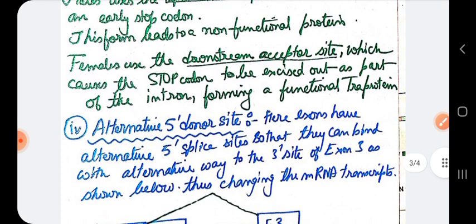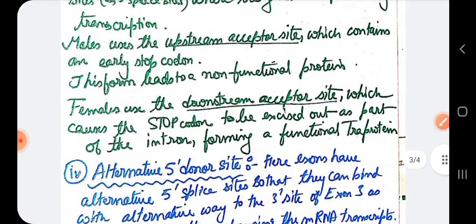I hope you have understood what I have said: males have that mRNA, females also have that mRNA, but males will not code for this TRA protein because they have many 3 prime splice sites, and one of the 3 prime splice sites, which is present in the upstream, has a stop codon.